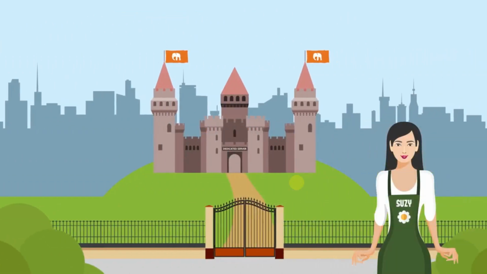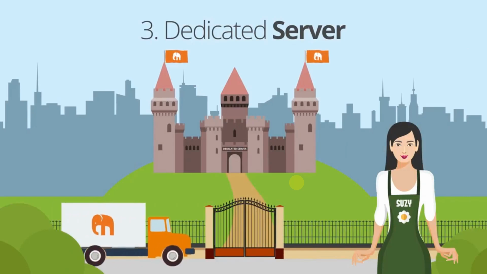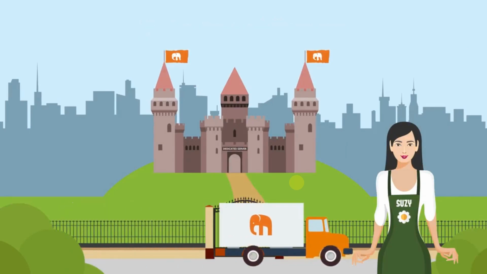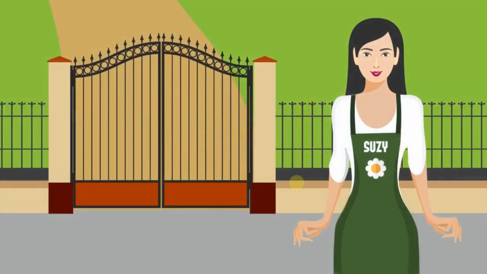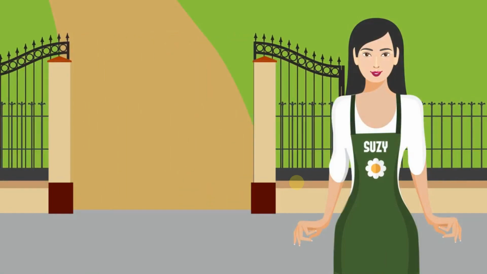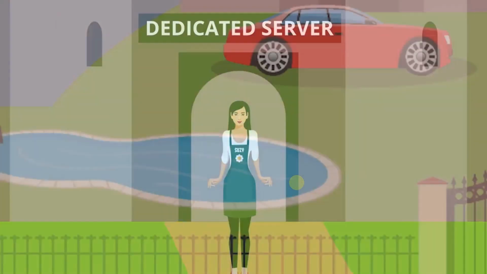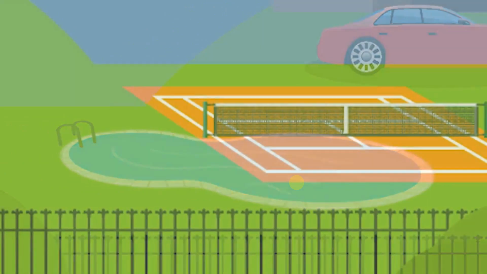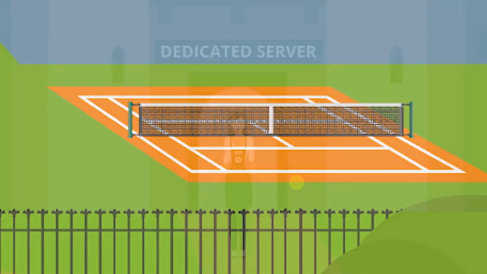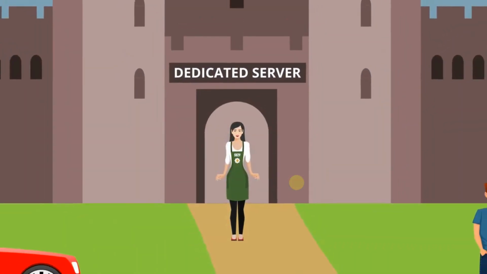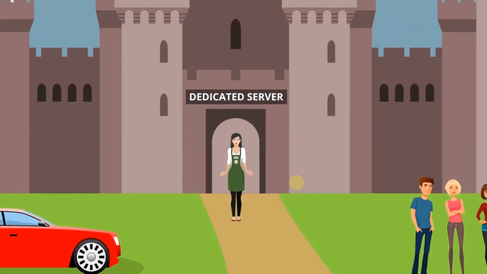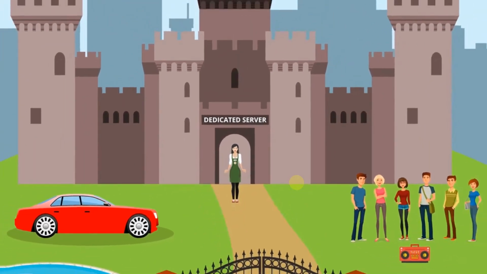The third type of hosting is a dedicated server. This is like being the king of your own castle, and you are in charge. You can paint the walls whatever colour you want, build a pool or a tennis court. In hosting terms, this would be like you buying as many computing resources as you can afford to look after.